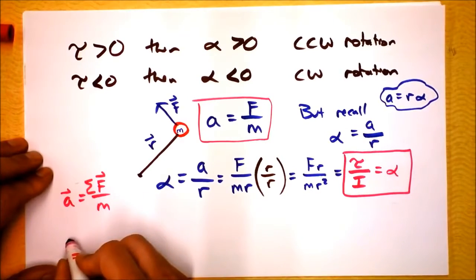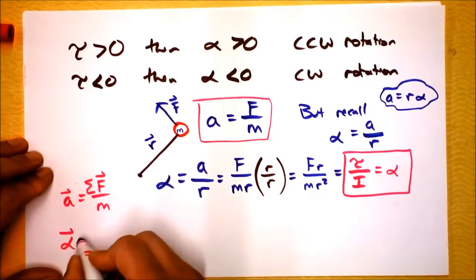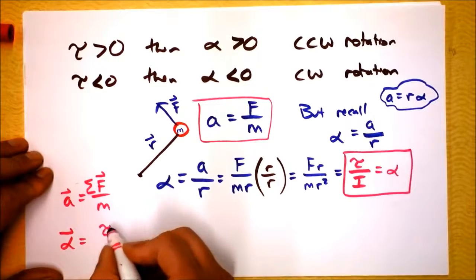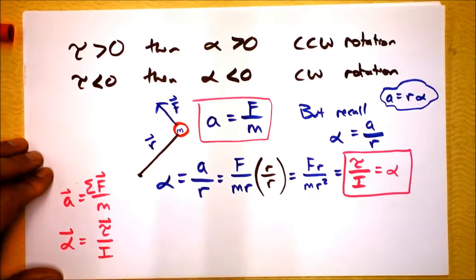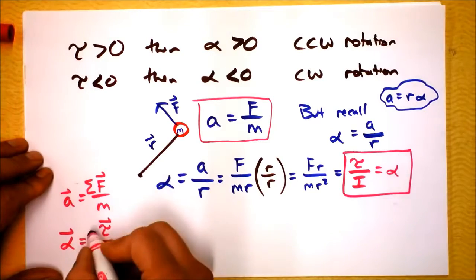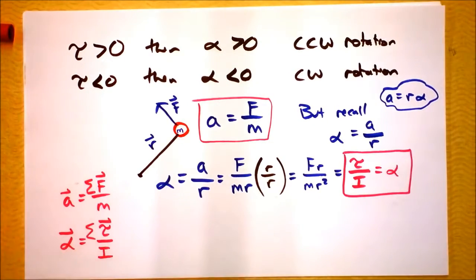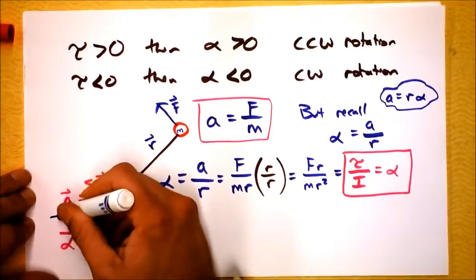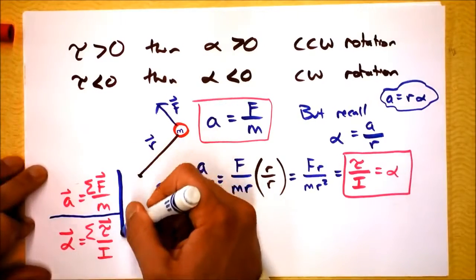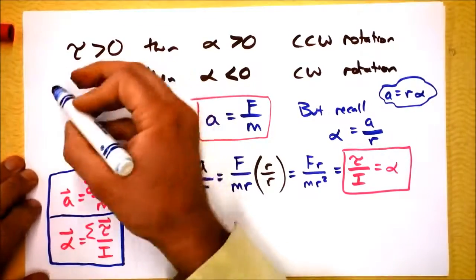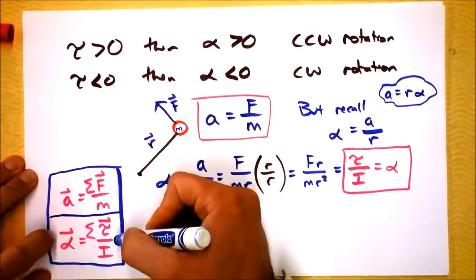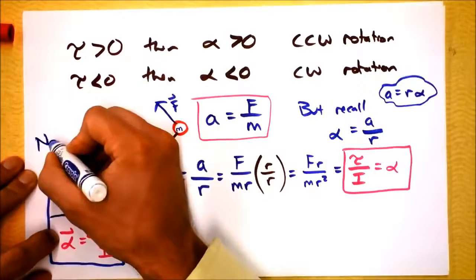We also know now that angular acceleration is a vector, and torque is a vector, and we need to divide by angular inertia, and we need the net torque. So here are our two equations. These are Newton's second law in linear and angular form.